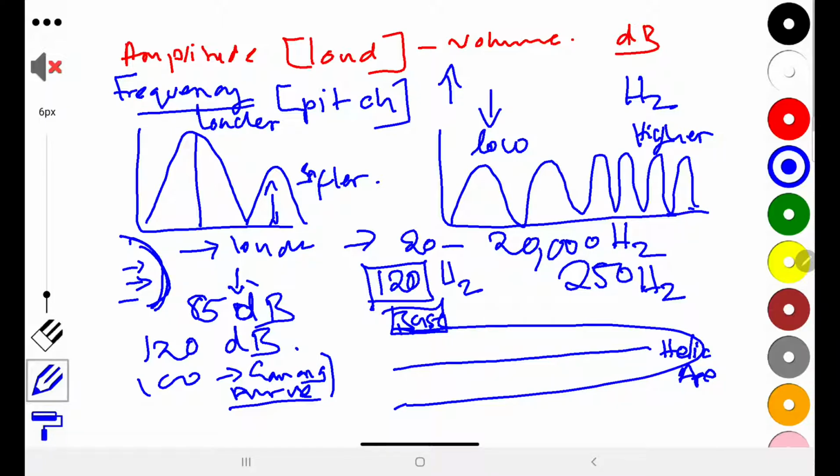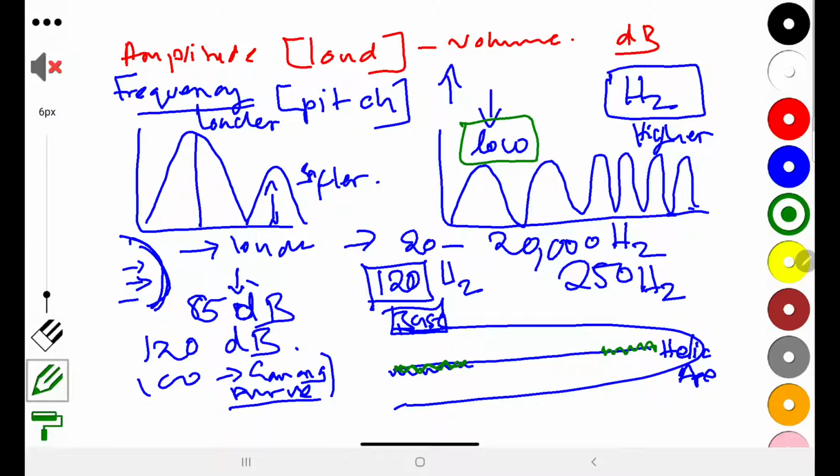So when you have high frequencies, which are these ones here, you find that it will stimulate the base of the basilar membrane. Okay, so this is the base. So it will stimulate this part of the basilar membrane, while if you have a lower one, it's going to stimulate the apex.